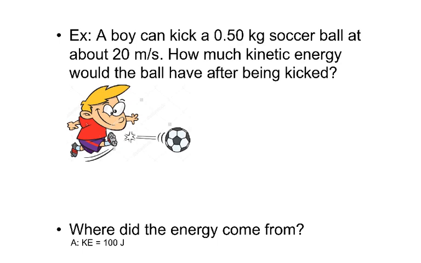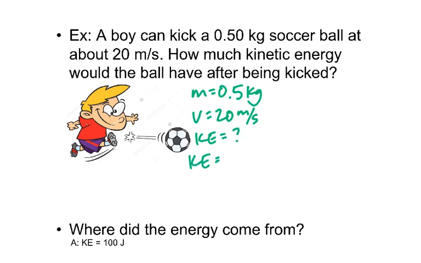Okay, for our example problem, a boy can kick a 0.5 kilogram soccer ball, so they gave us a mass, at about 20 meters per second. We would like to find out the kinetic energy the ball has. So our formula is KE equals 1/2 mv squared.